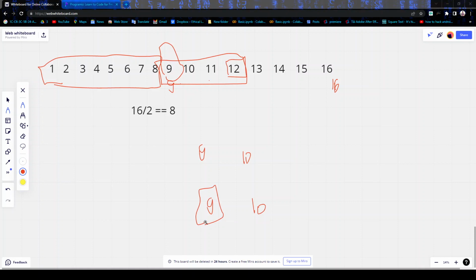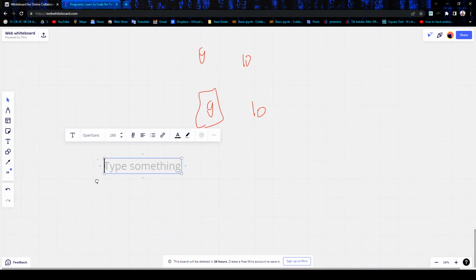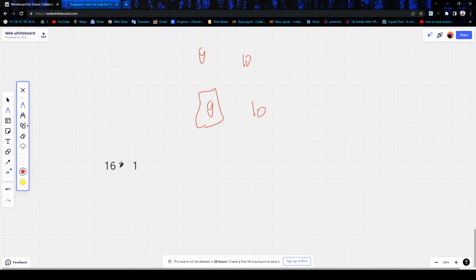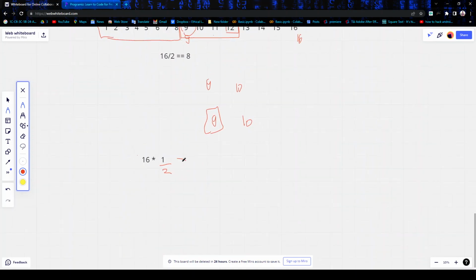So what is happening actually, you can see that I am dividing the length 16. The 16 length that I was having, I am multiplying it by 1 divided by 2, right? So dividing 16 means multiplying by 1 divided by 2. How many times are we dividing? If I am dividing it one time, then we are having the length as 8.